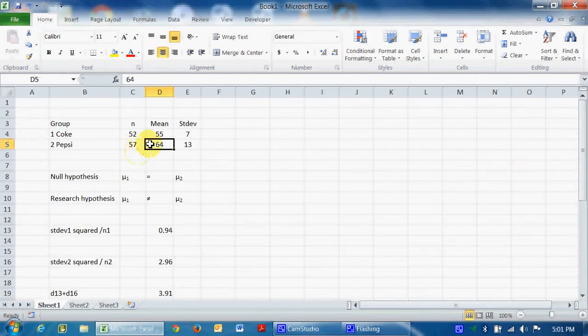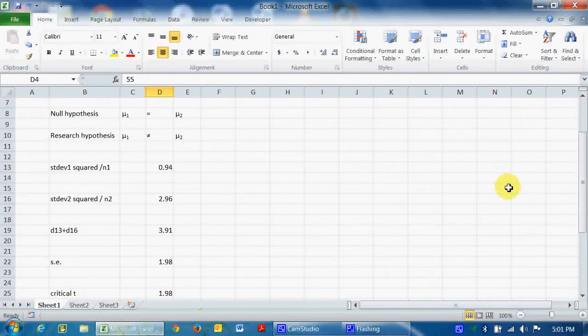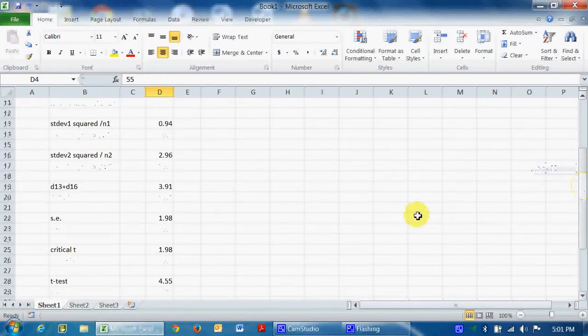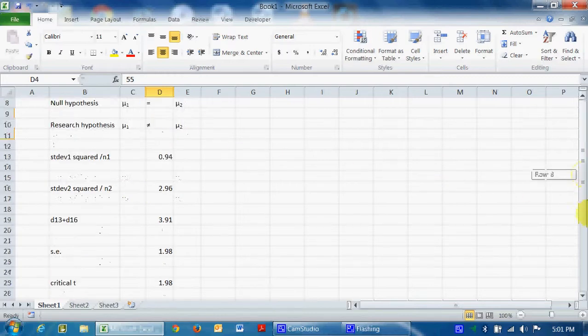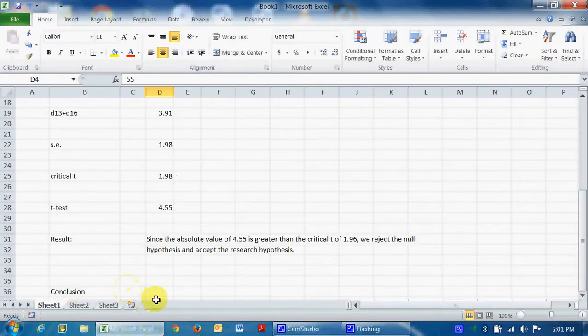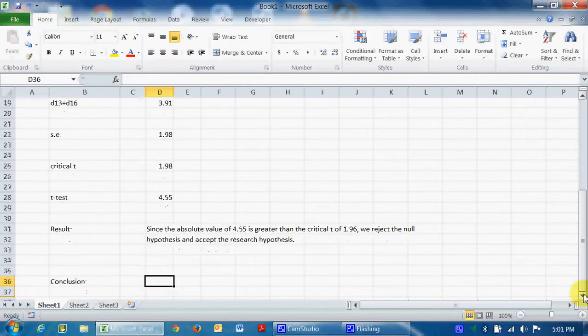And the conclusion, so putting this in plain language. Since we can see that the mean of Pepsi is higher than Coke, and since the t-test here is bigger than the critical T, we can say that the mean of Pepsi is significantly higher than the mean of Coke. So let's go ahead and put that in our conclusion.